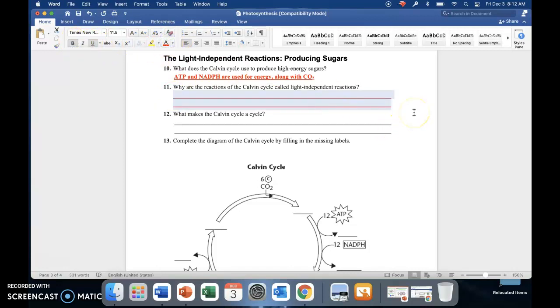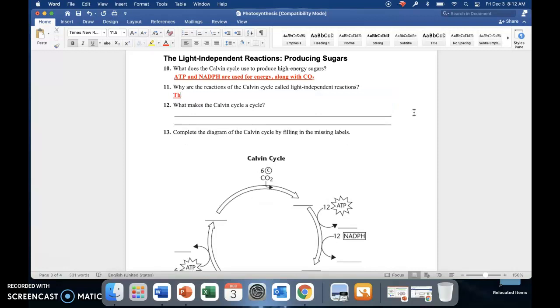The energy is provided again from the ATP and the NADPH instead of sunlight.